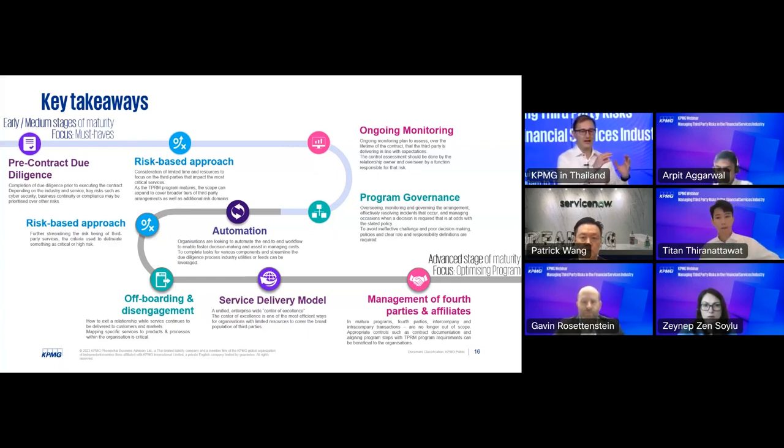If you're at a starting level, then other measures are more suitable and will impact you in a more beneficial, more positive way. Whereas if you're already fairly advanced and you already have your risk-based approach, then that's where you can look at some of the more sophisticated tweaks to your third-party risk management program.